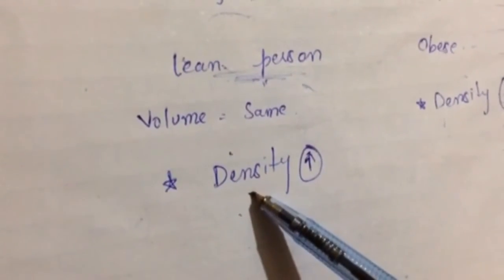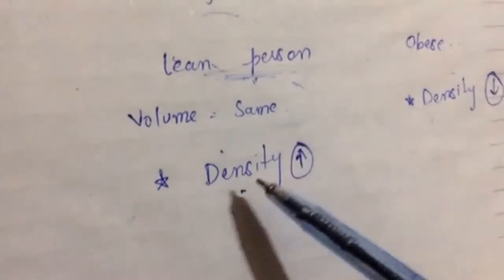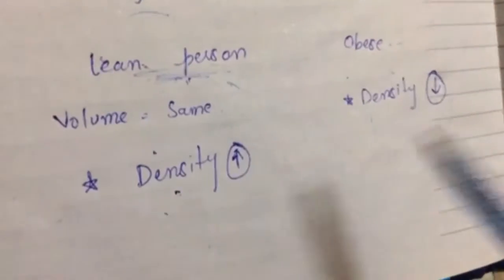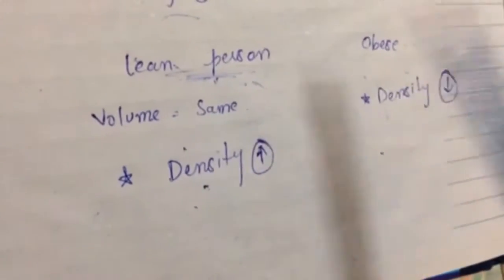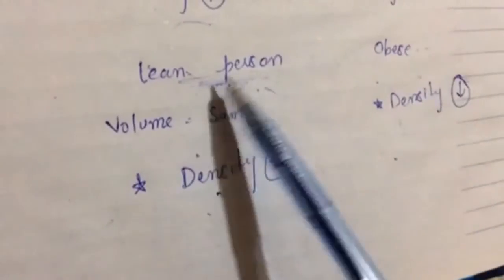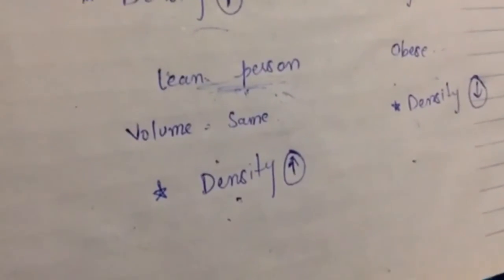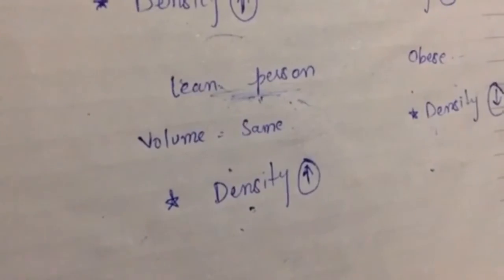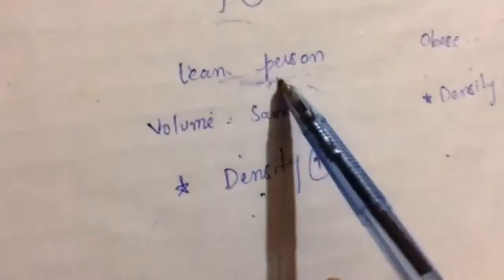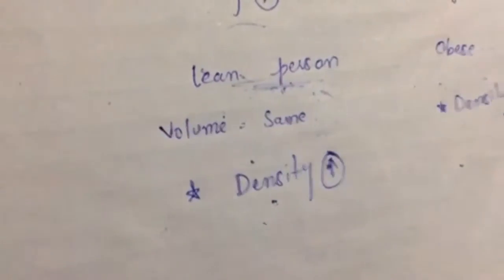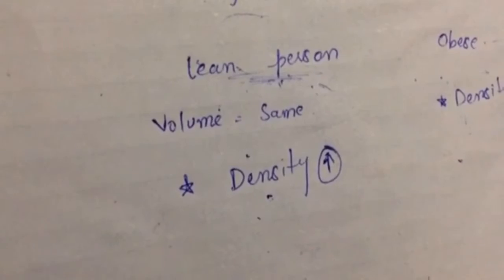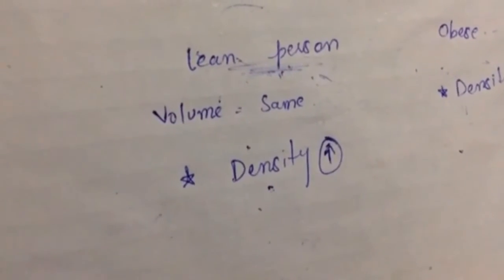So body density is inversely related to fat: in an obese person, because of body fat, density decreases.